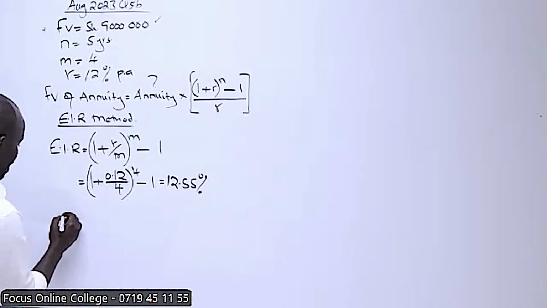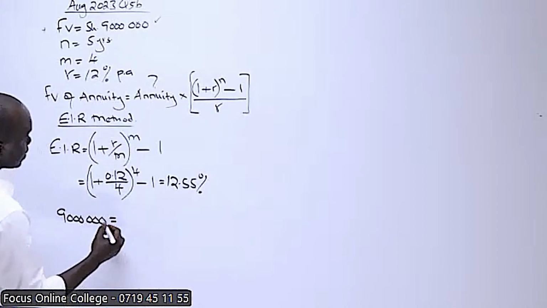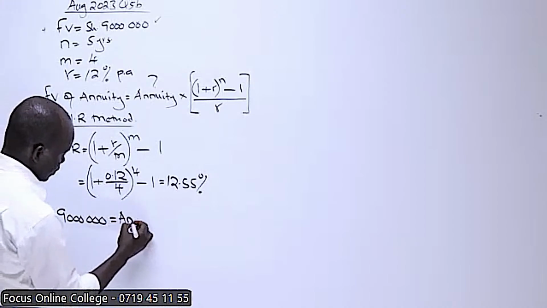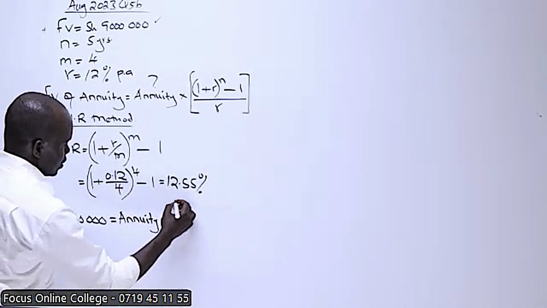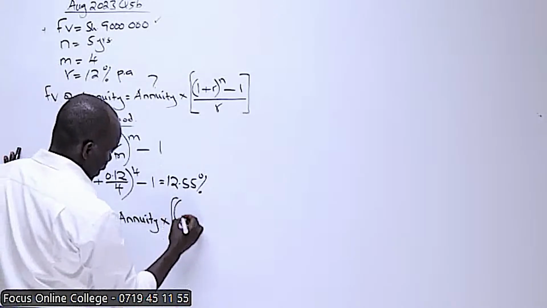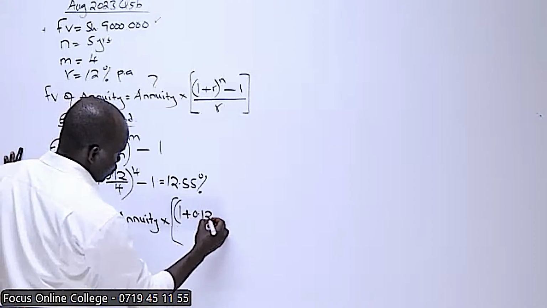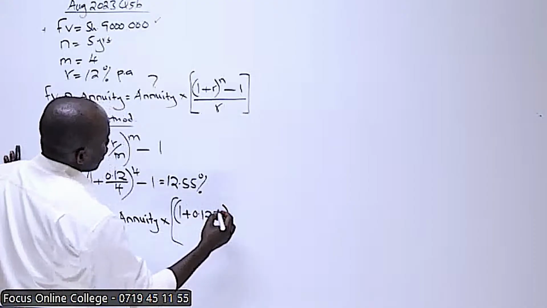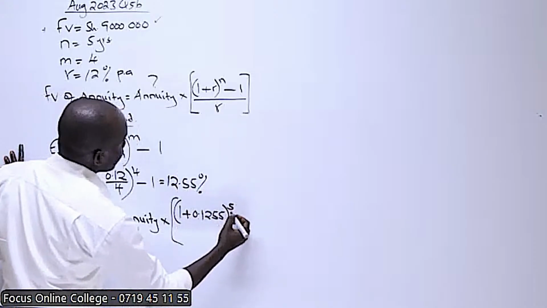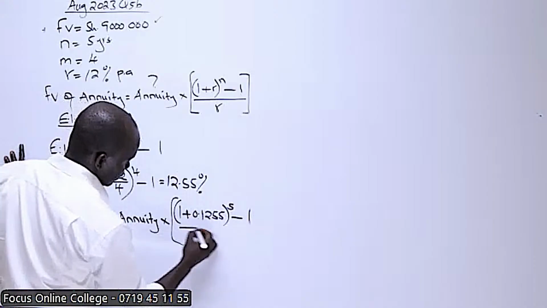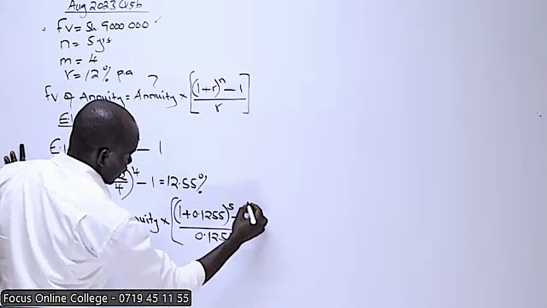No, the future value is 9 million, equal to the annuity, which is what we don't know, times 1 plus 0.1255 power 5 minus 1 over 0.1255.